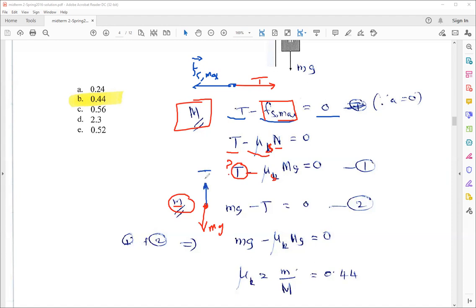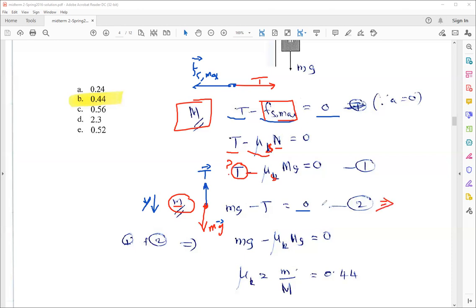If you choose positive y pointing down, you don't have to, you could use any direction. You can stick to pointing up, so the only difference is that tension will be positive and mg will be negative. It is equal to 0. That's the most important part. The net force is equal to 0, which will give me the tension.